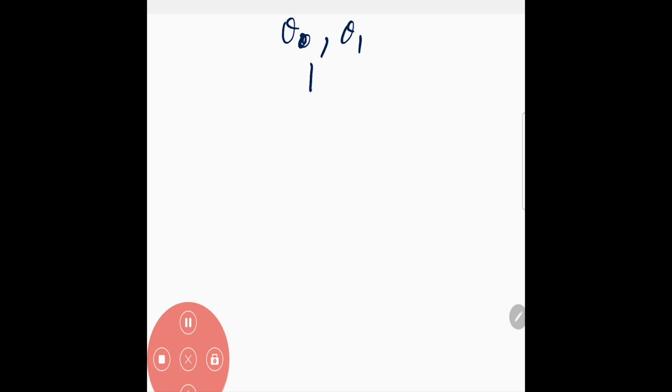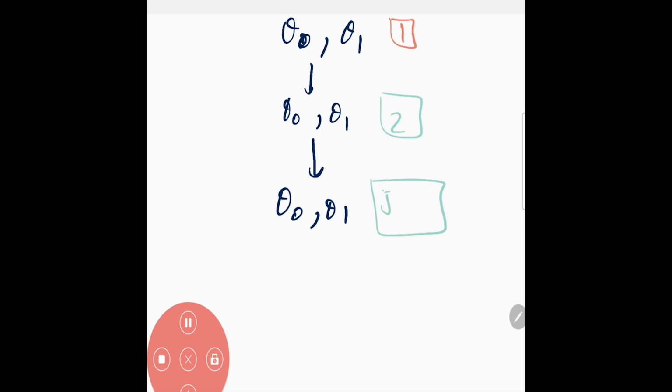And then I'll keep changing theta 0 and theta 1. For example, let this be the first assumption, then a second iteration, and so on, till I get to theta 0 and theta 1 that successfully minimize J(theta 0, theta 1).